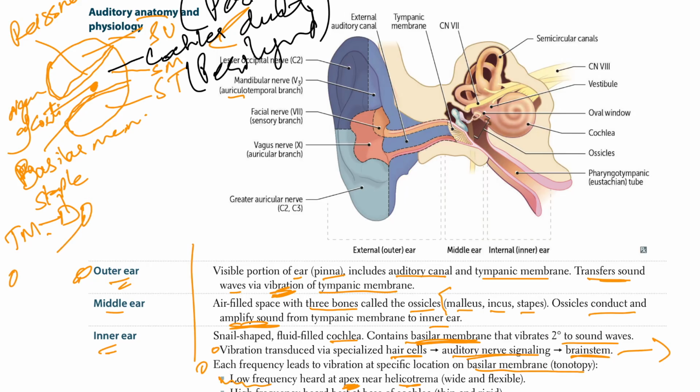First is the oval window. And then from the oval window, there's a full scala, as we mentioned, scala vestibuli, that is there. And that would turn. That turn is called the helicotrema. Okay, so this turn is the helicotrema.